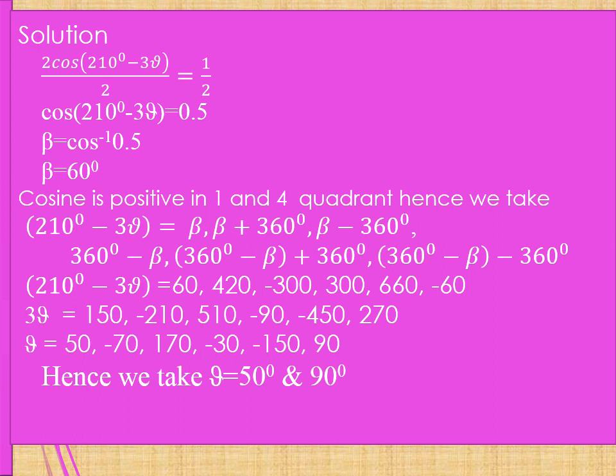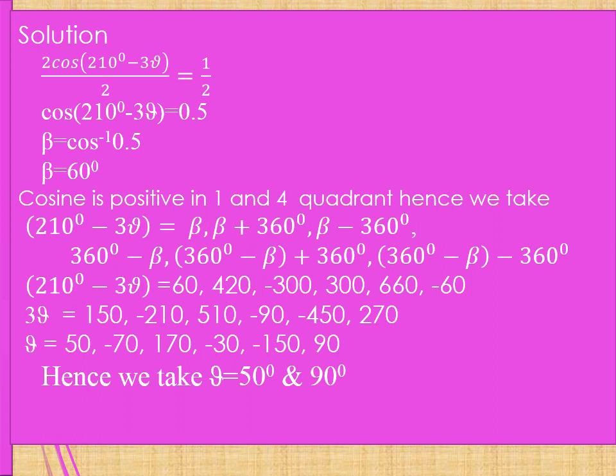2. We'll be left with cosine(210 minus 3 theta), and that gives us 0.5. Beta is equal to cos inverse of 0.5, so beta is 60 degrees.